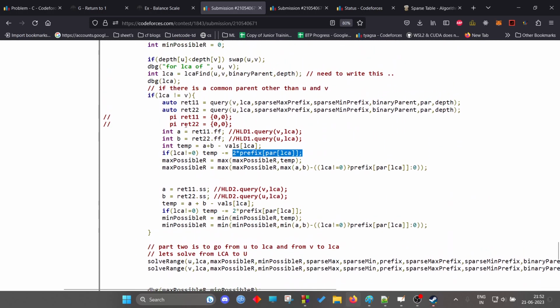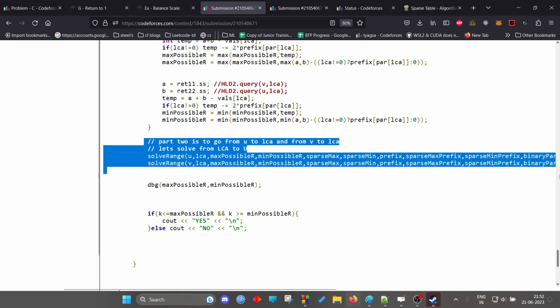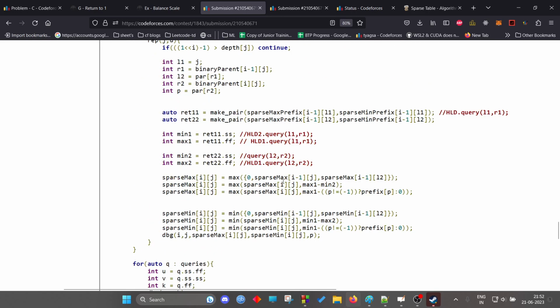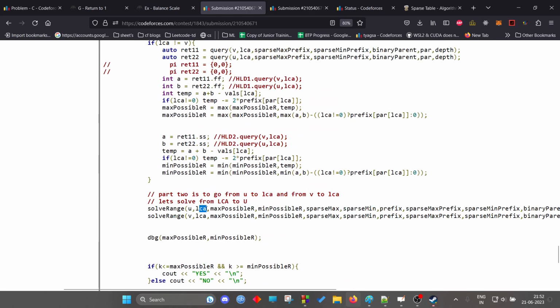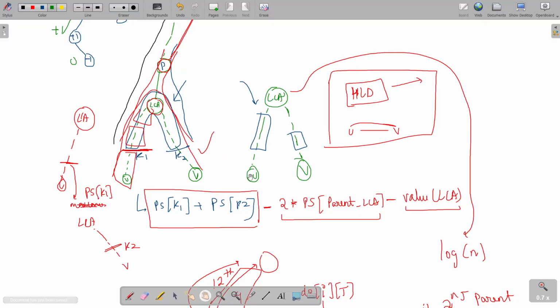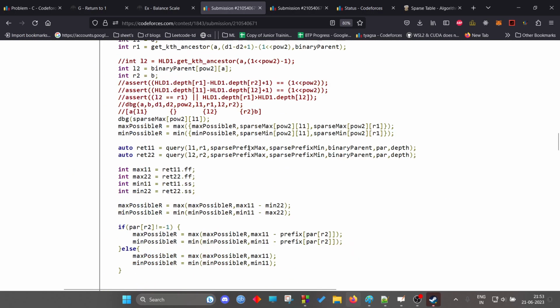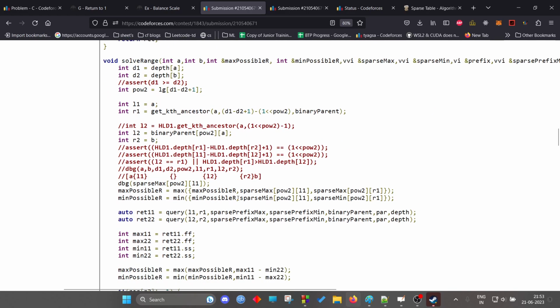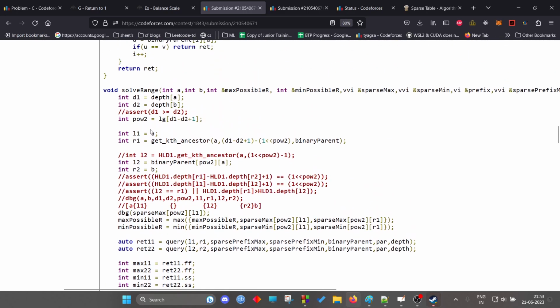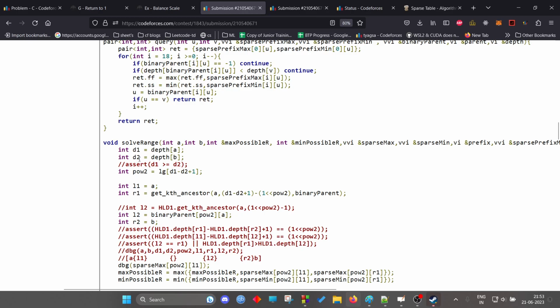And then once this type of case is done, I've made another function to solve the second type of paths. So this basically takes a range, and the range will be U to LCA and V to LCA. So for both of the ranges you want to find the subsegments. And again a lot of work is being done here. First you need to find the split, then you need to find all the points of the split.